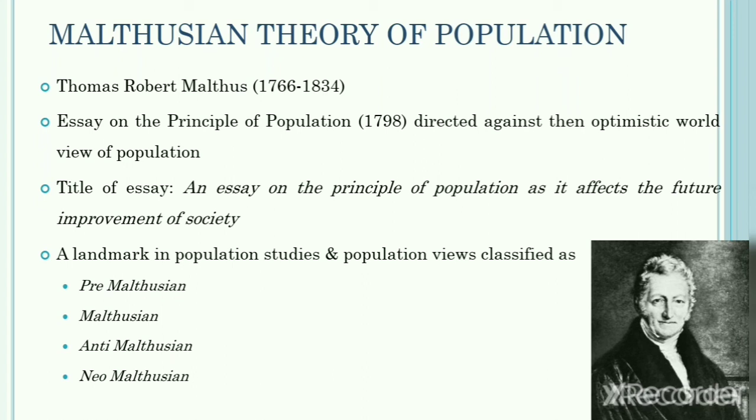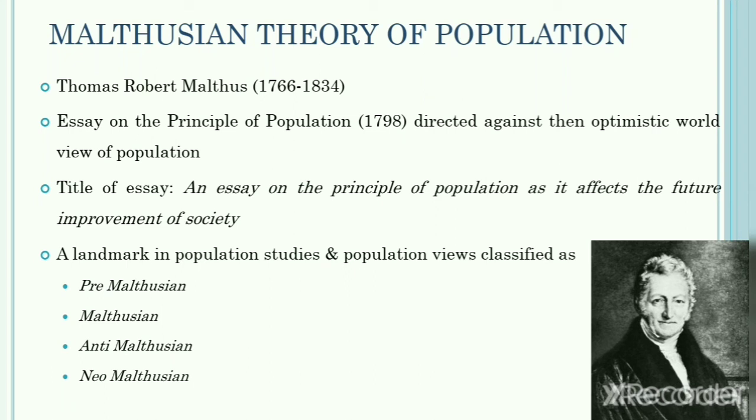The title of the essay was An Essay on the Principle of Population as it affects the future improvement of society, with remarks on the speculations of Mr. Godwin, Mr. Condorcet, and others. This work was published anonymously with empirical evidences.